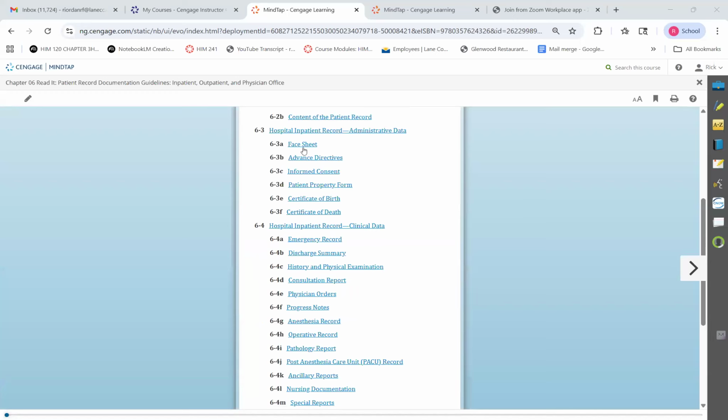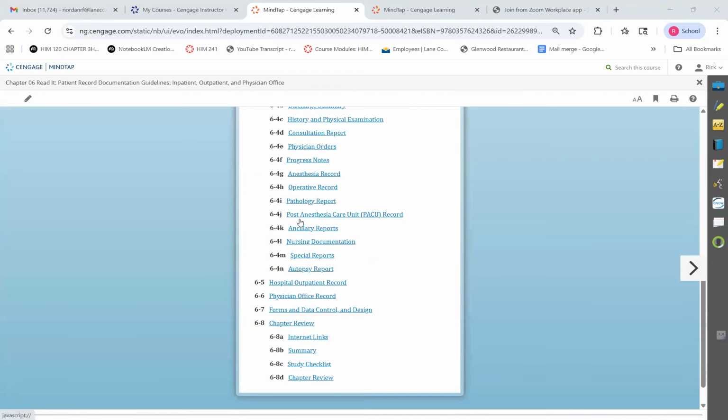So be familiar with all of these things, particularly 6-3, 6-4, all these different diagrams, 6-5, 6-6. And if you understand those, you'll be in really good shape.